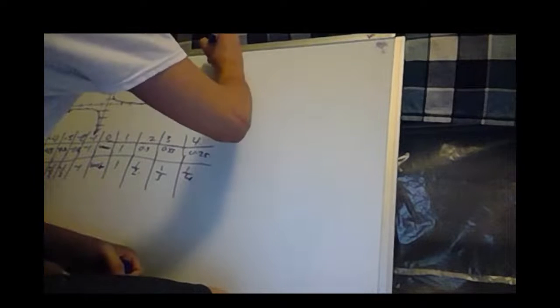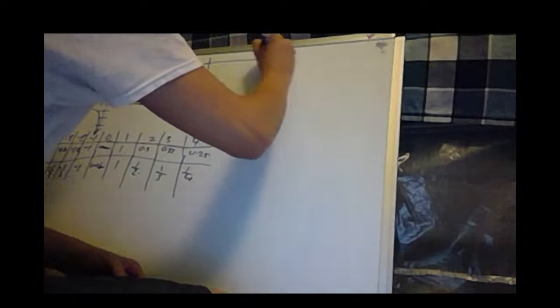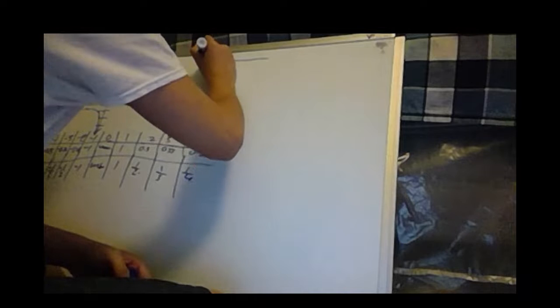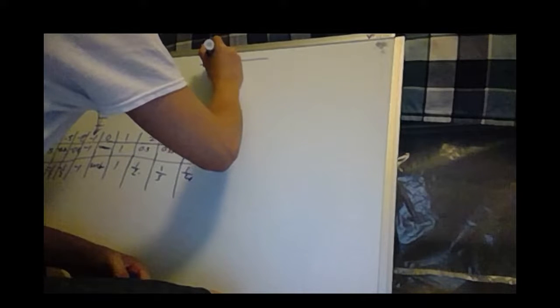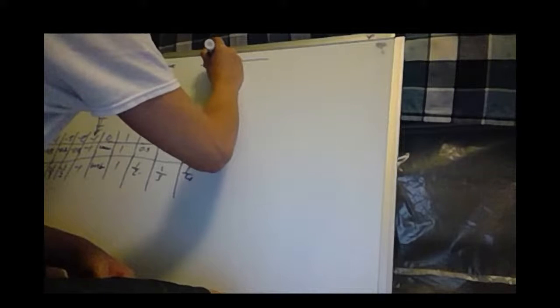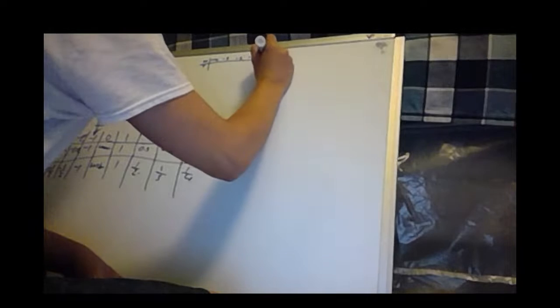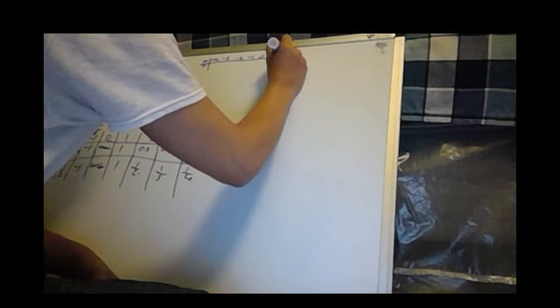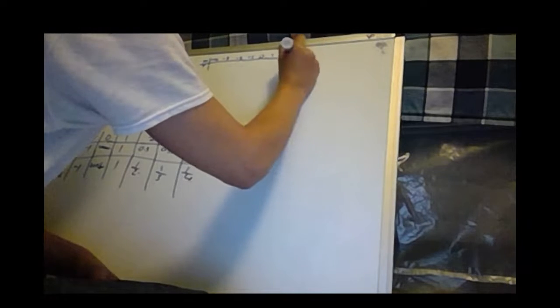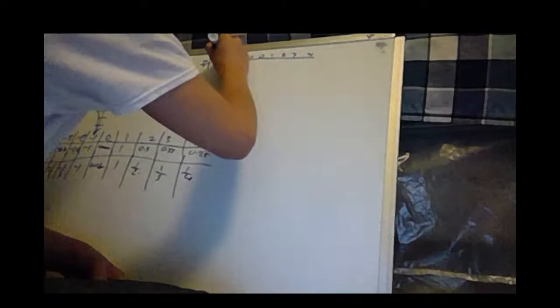For negative 1 over x, we have negative 4, negative 3, negative 2, negative 1, 0, 1, 2, 3, 4, right?